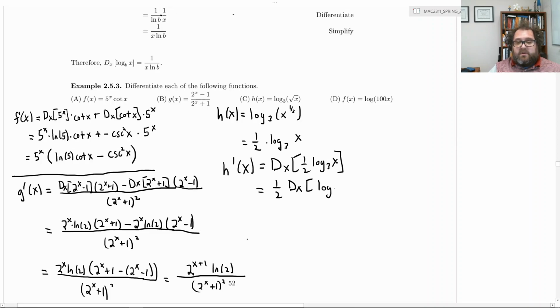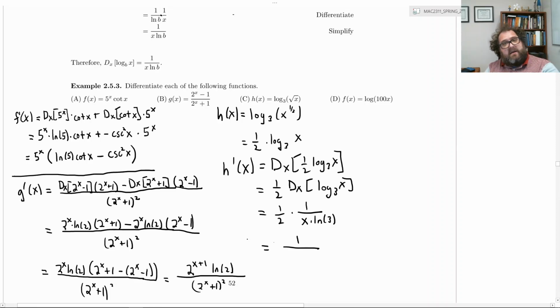And now we just have the derivative of log base 3 x, which gives us 1/2 times 1 over x natural log of 3. So in more condensed form, that is 1 over 2x natural log of 3.